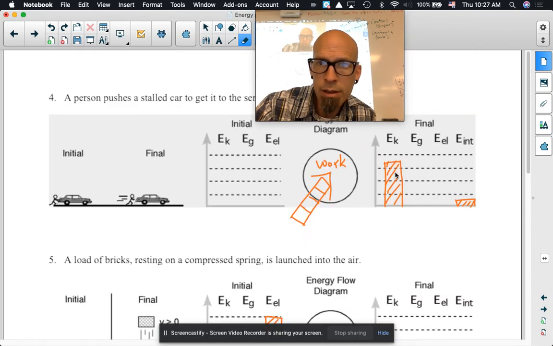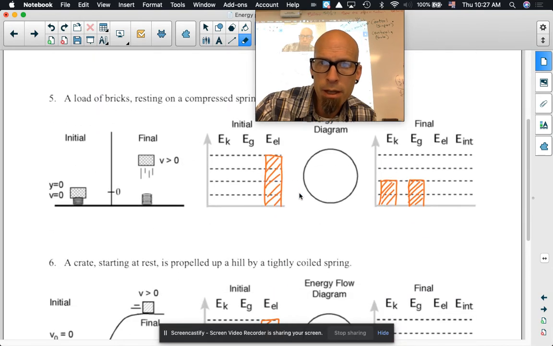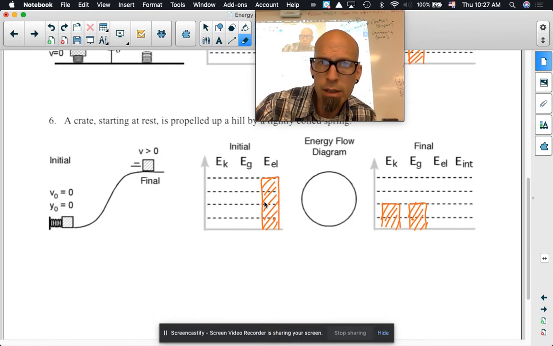So 4 in, I have 3.5 plus a half, that's 4 over here. Here I have 4, I have 2 and 2, I have 4. As long as what you have at the beginning is the same as what you have at the end, then we're good.